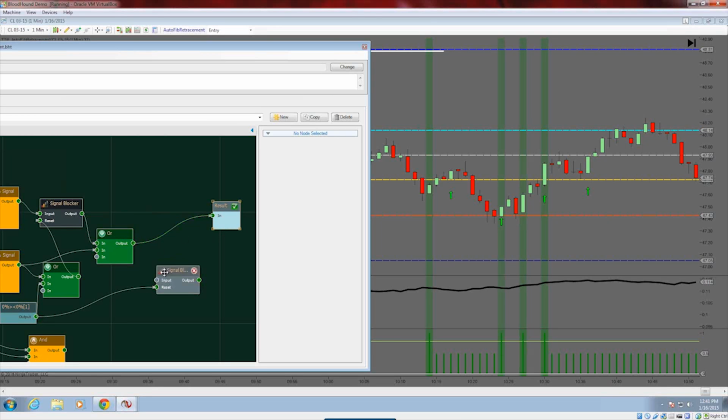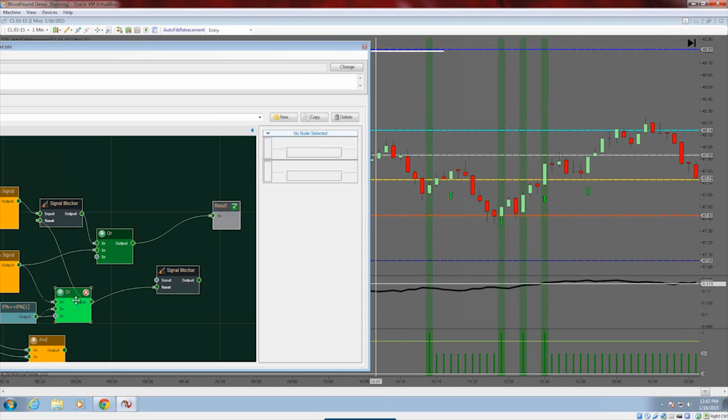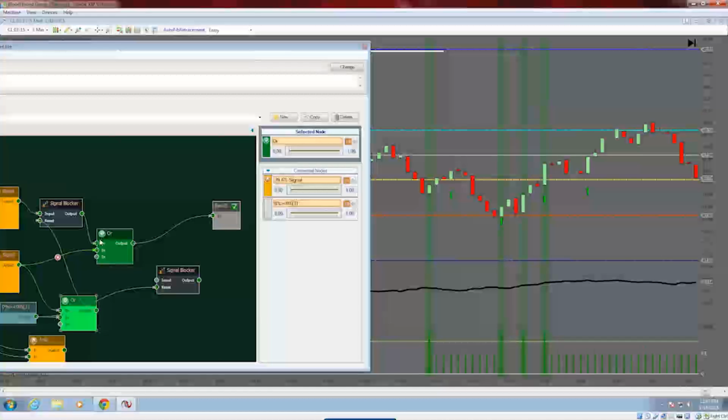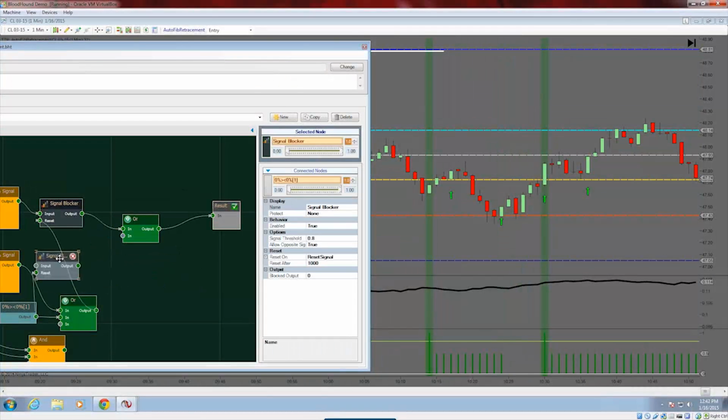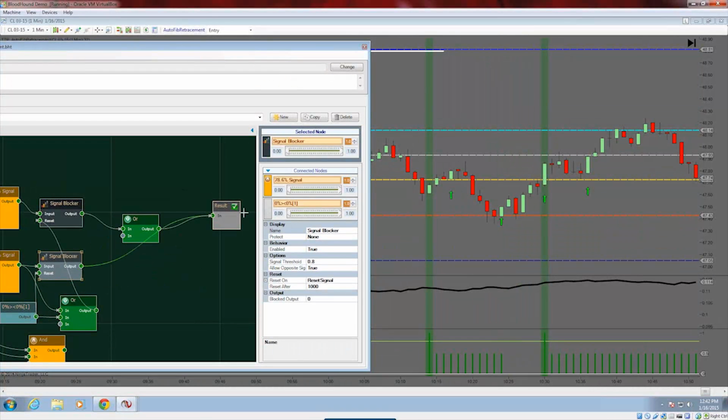Daniel, I think you just want a signal blocker in front of the 78% as well. So block each fib line separately. Yeah, you're right, exactly. I think that'll achieve what you want. And then, now see, I'm still getting that one there. That's the problem. That's because you have this 78%.